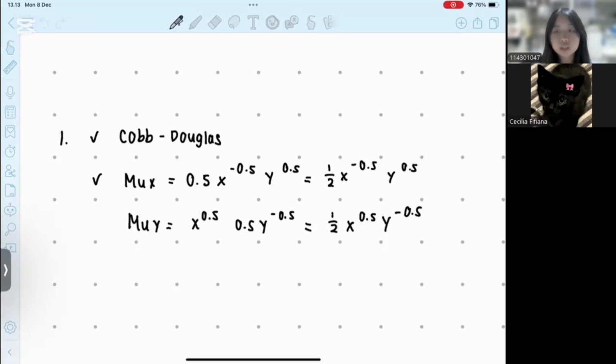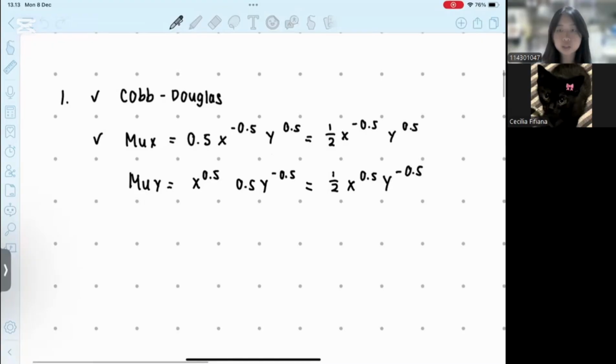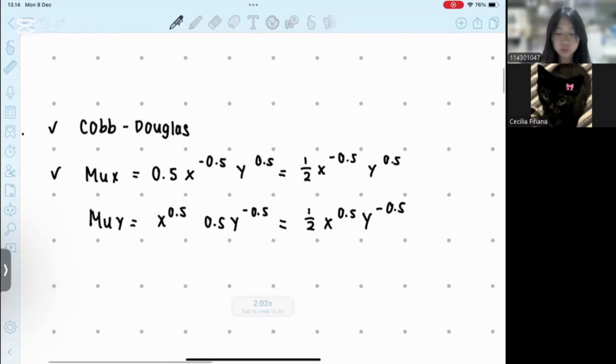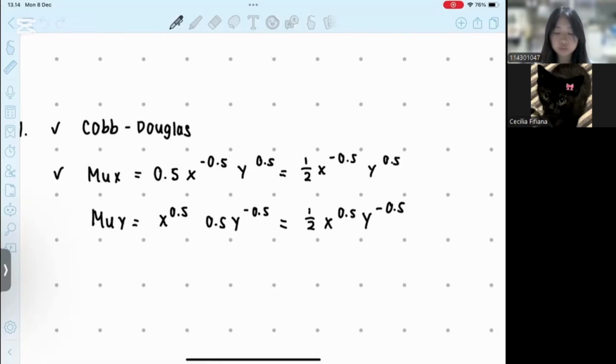For the next question, we are asked to use partial derivatives to find the marginal utilities of x and of y. So here's the answer. For the MUx, it'll be 0.5 x to the power of minus 0.5 times y to the power of 0.5.